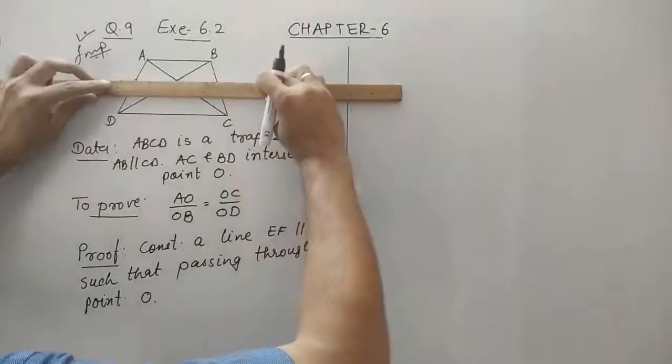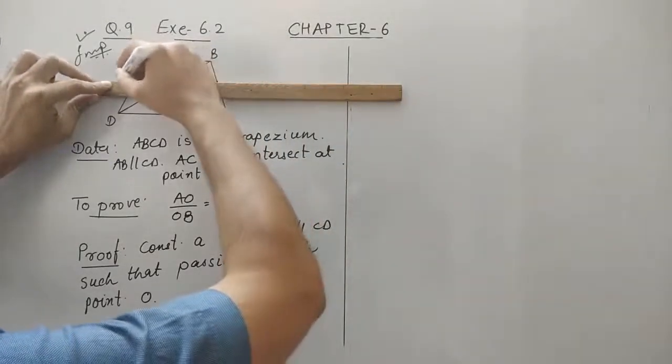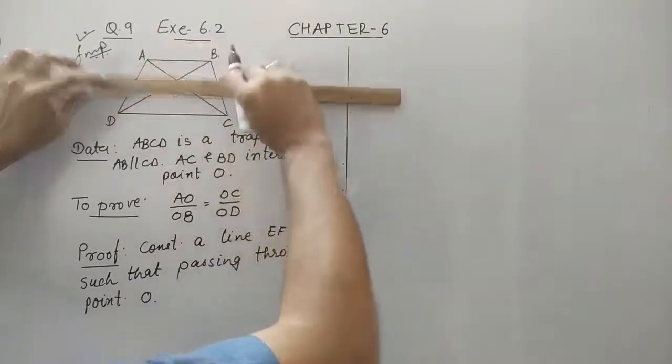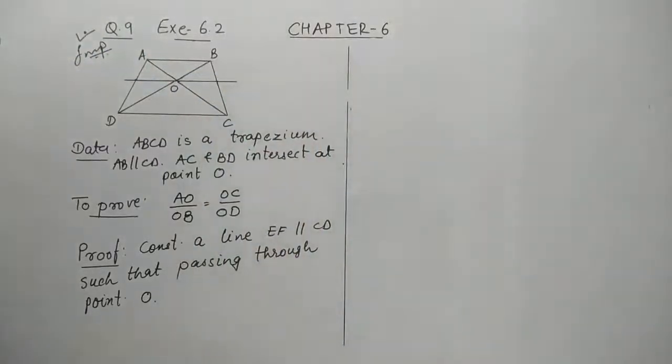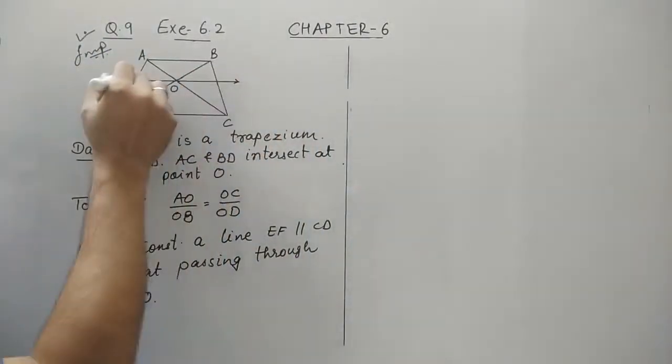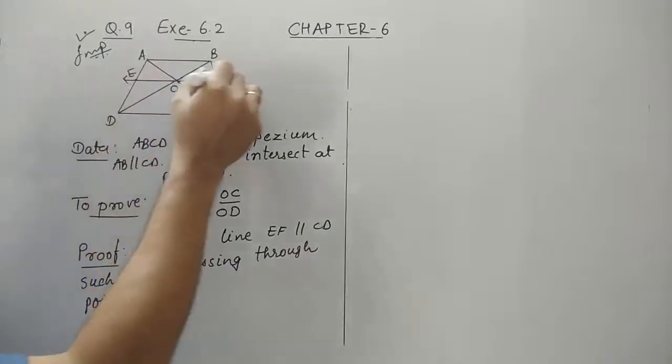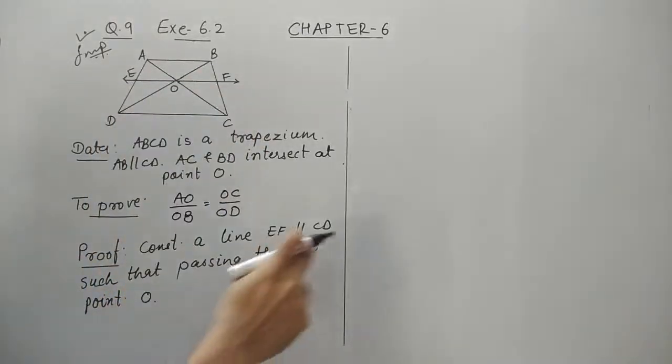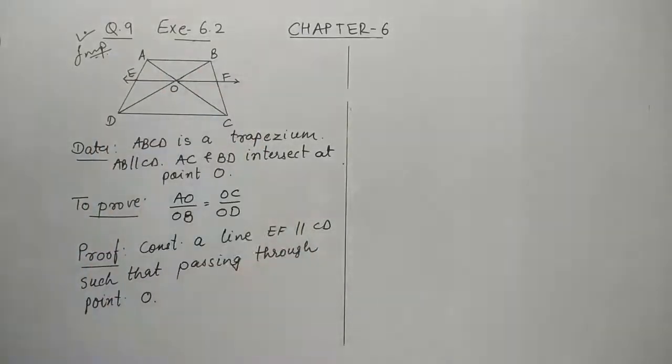This is the line which we have to construct here, the line which is parallel to AB and CD, and this line is passing through point O.